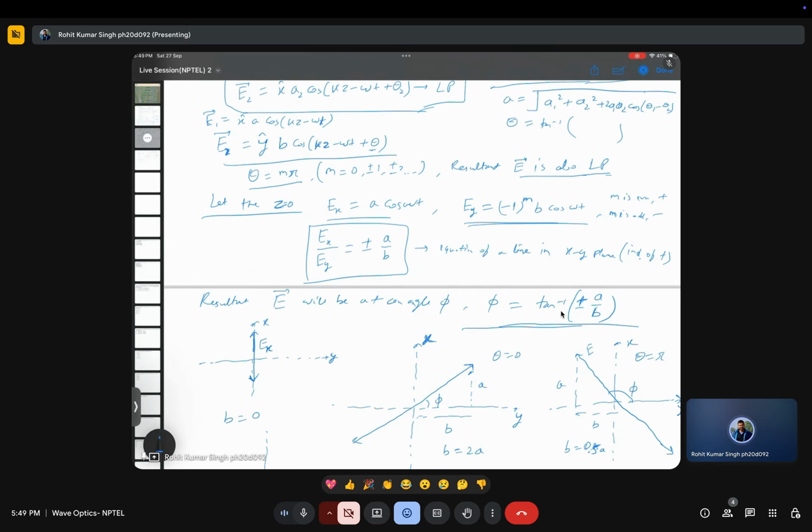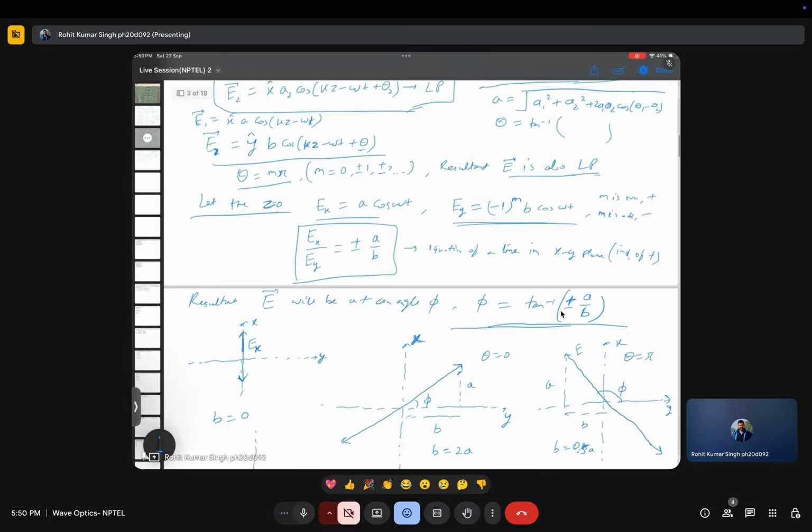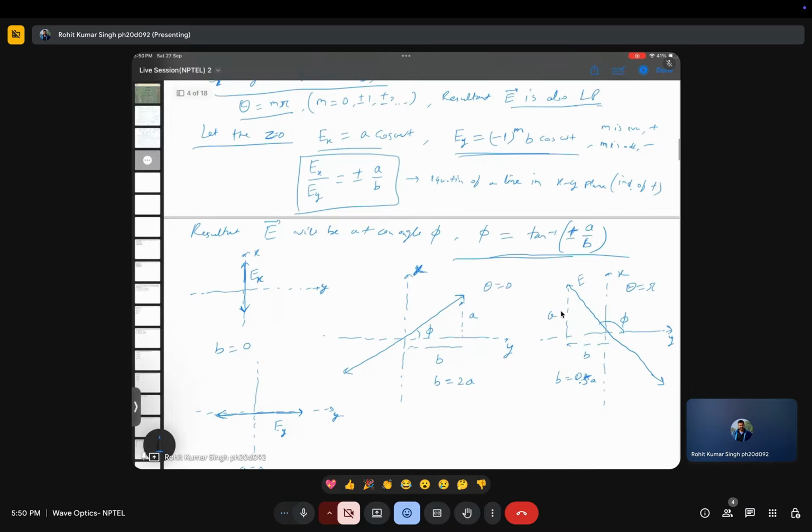That means the wave will be plane polarized. Linearly polarized means plane polarized, confined in a single plane. Then that plane will have an angle phi with respect to the y or x direction, depending on the ratio of A and B.